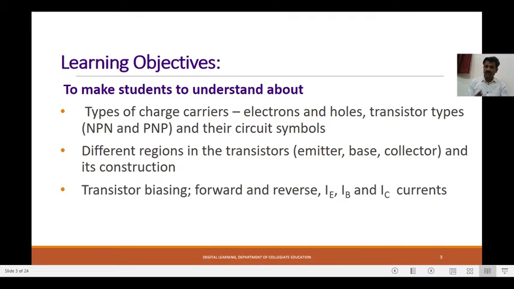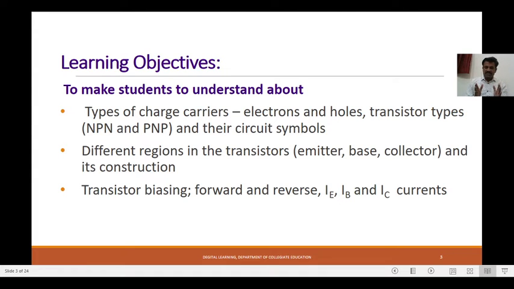The circuit symbol is different from the physical representation of a transistor, and a student should be able to learn that difference from this session. There are three different regions of a transistor, emitter, base and collector, and their construction: what the doping concentrations are, how they are doped, and how they are joined together. A student should be able to learn that.